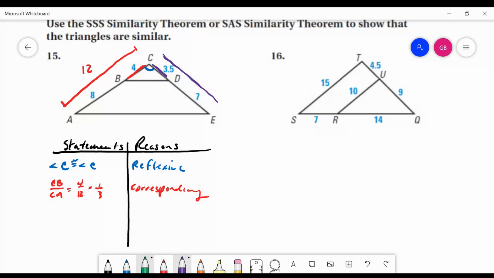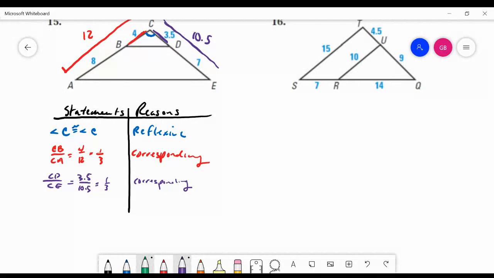Okay. For the little triangle, CD is 3.5 and CE is 10.5. So CD over CE is 3.5 over 10.5, which is also 1/3. So we have a pair of congruent angles, and then the sides that make those angles are corresponding.